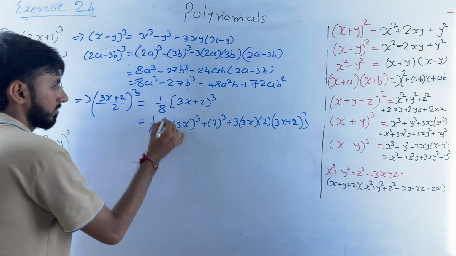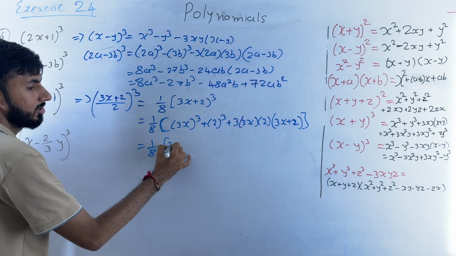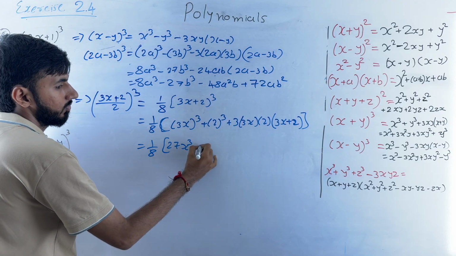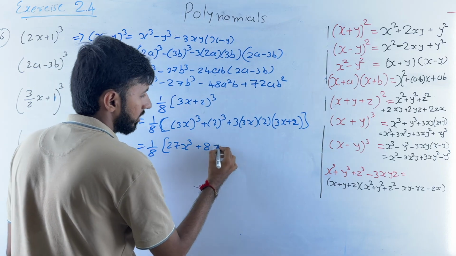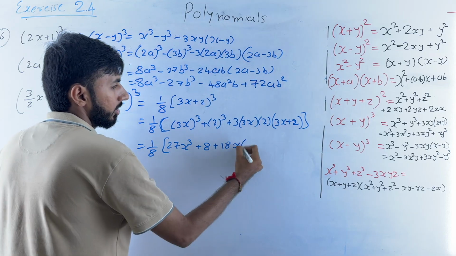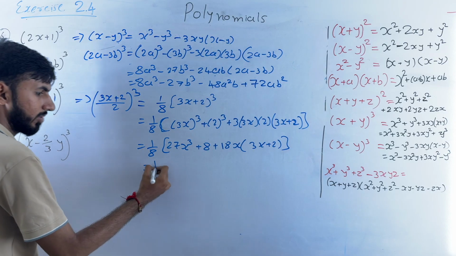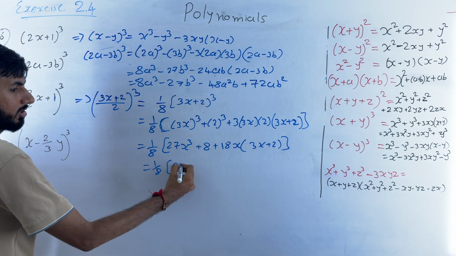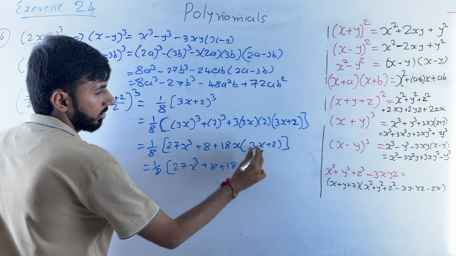This will be my answer. So 1/8 as it is, (3x)³ is 27x³, and 2³ is 8 only, 3 times 3 times 2 is 18x, and in the bracket 3x + 2 as it is. So my answer will be 1/8 (27x³ + 8 + 18x(3x + 2)).